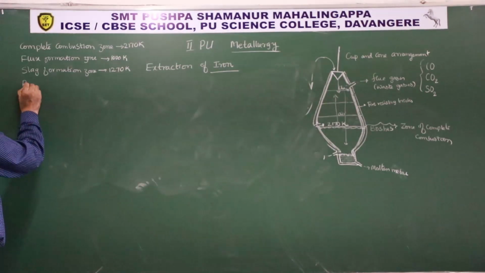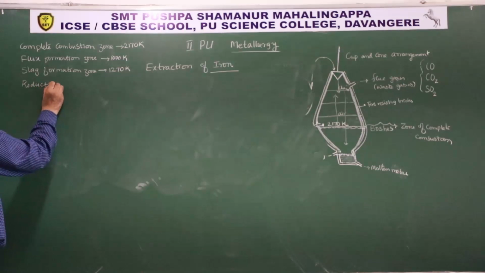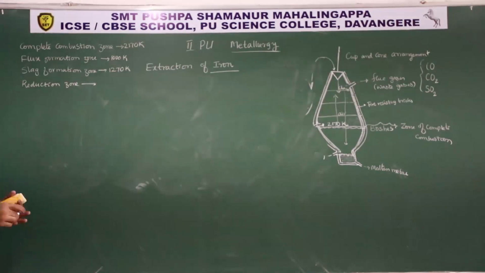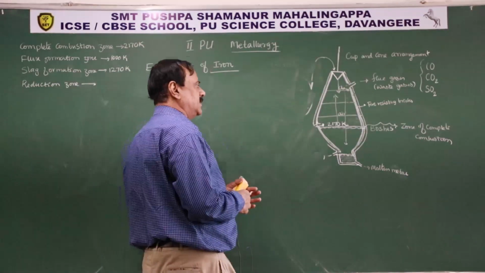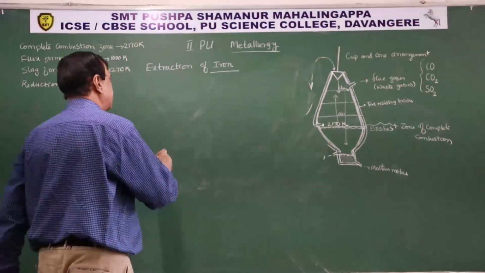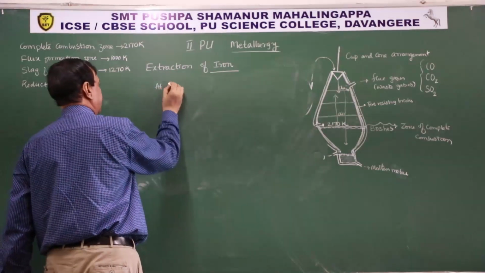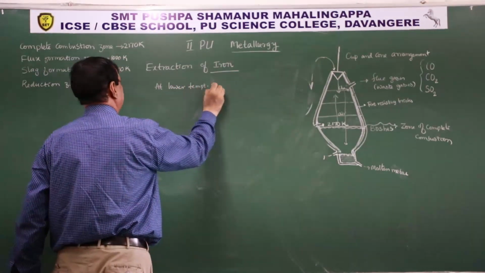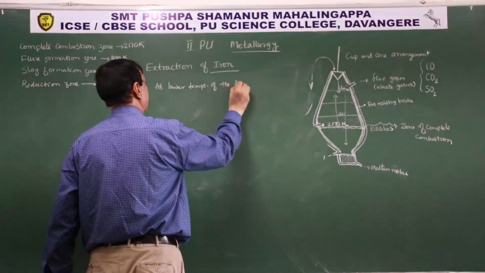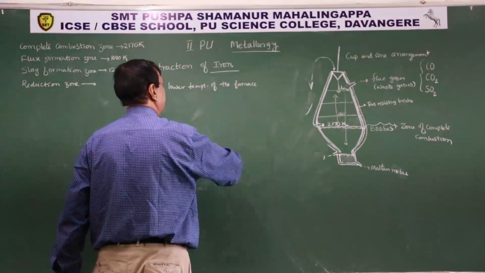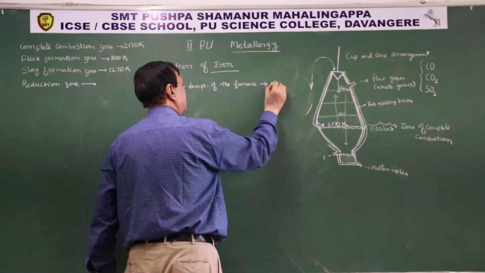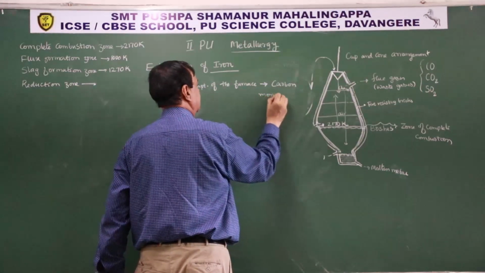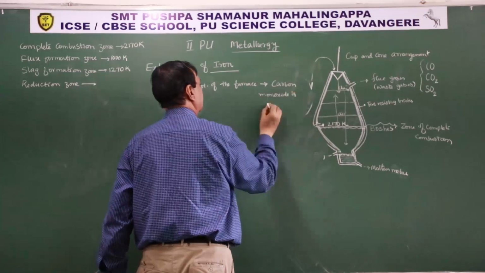Next is the reduction zone. The reduction zone has two different phases: at the lower temperature of the furnace and at the higher temperature of the furnace. At the lower temperature of the furnace, carbon monoxide is the reducing agent.